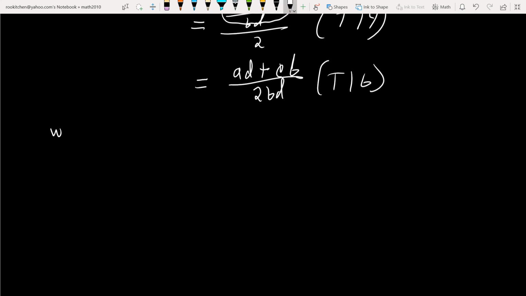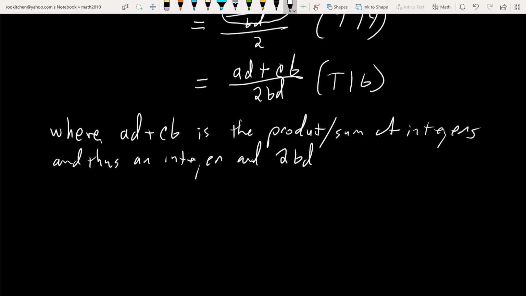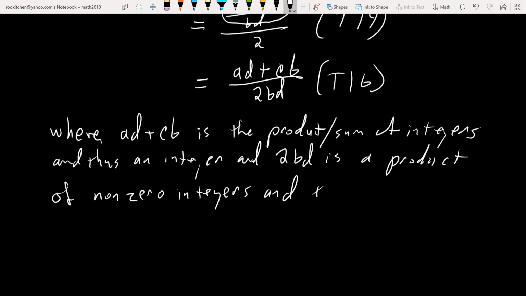Where AD plus CB is the product, slash sum, of integers, and therefore an integer, and 2BD is a product of non-zero integers, and thus a non-zero integer by the zero product property.